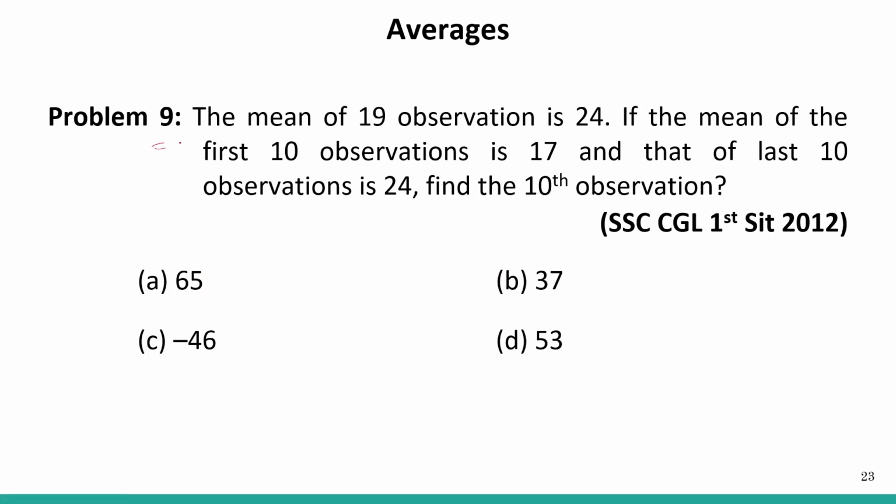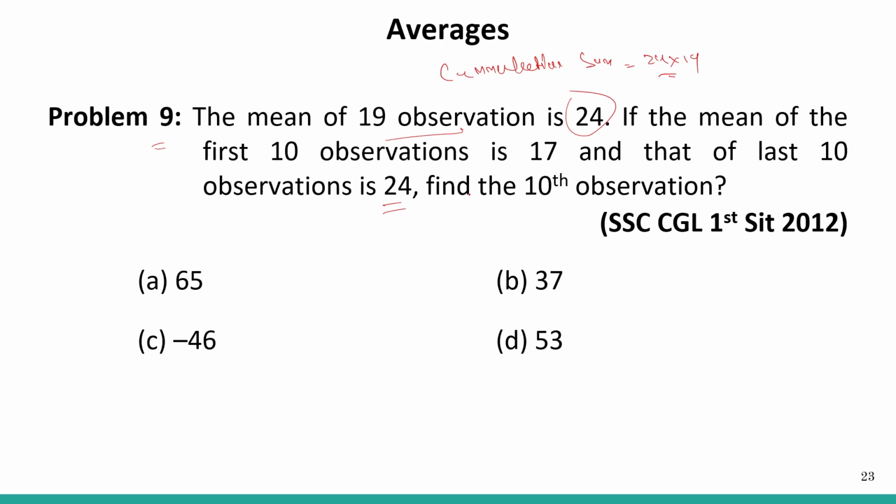So let's see problem number 9. The mean of 19 observations is 24. Their cumulative sum is equal to what? 24 into 19, right? The mean of the first 10 observations is 17 and that of the last 10 observations is 24. So find the 10th observation.